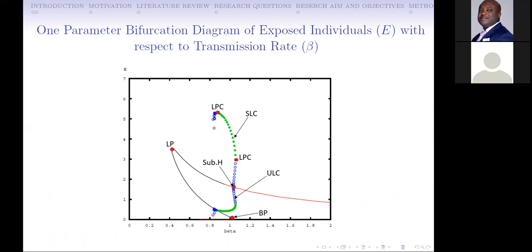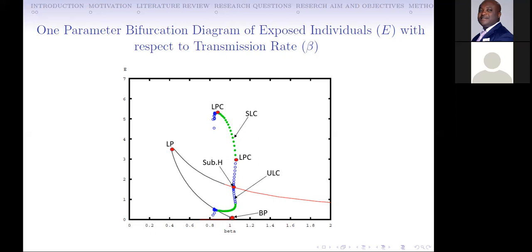This is the finding from the TB model with the influence of saturated treatment. We have the occurrence of a one parameter bifurcation diagram of exposed individual with respect to transmission rates. As we can see from this diagram, there is occurrence of different dynamical behavior in this system.